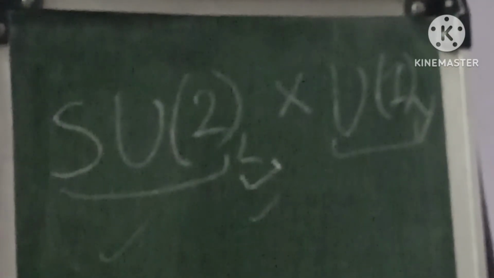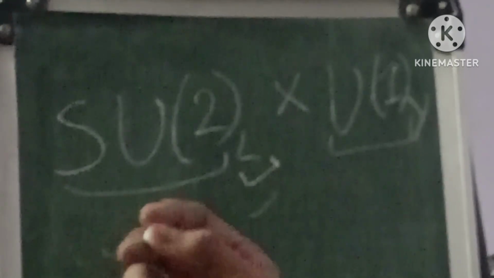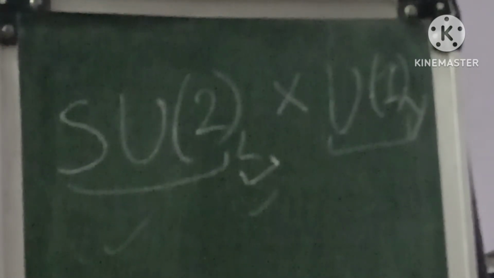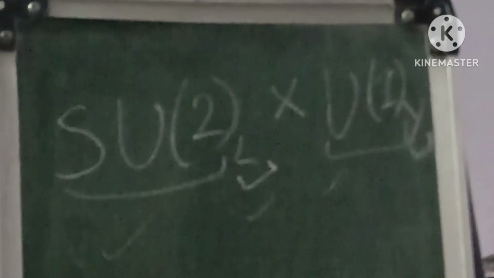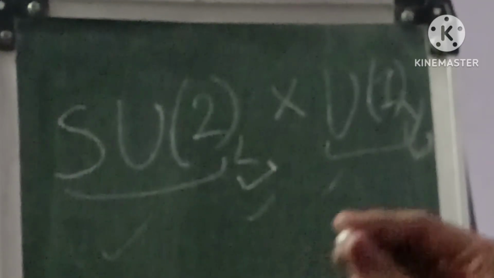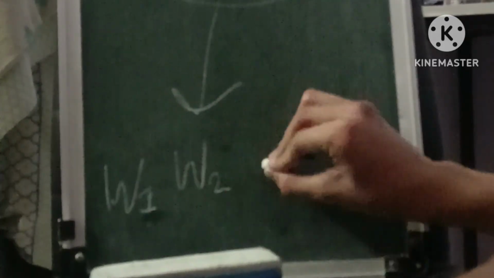U(1) is a simpler symmetry in which phase rotations occur. It involves weak hypercharge. Now what is this Y? Y is simply the weak hypercharge. So this entire thing has three weak fields, W1, W2, W3.